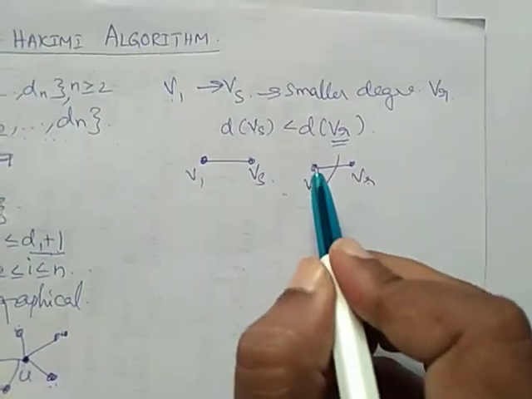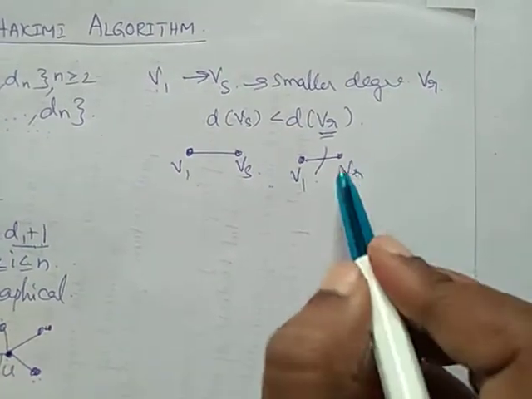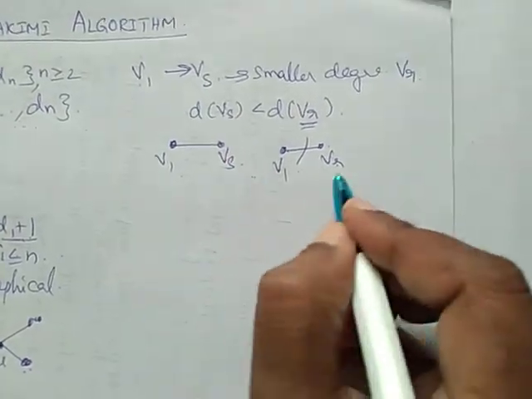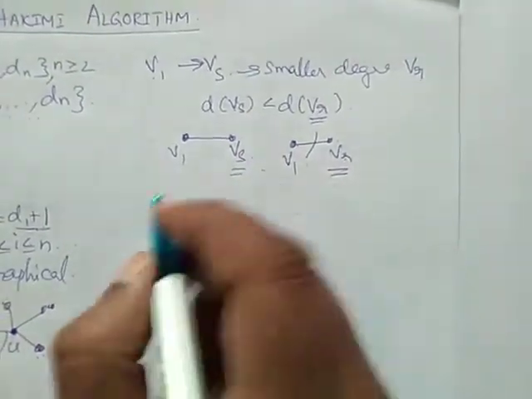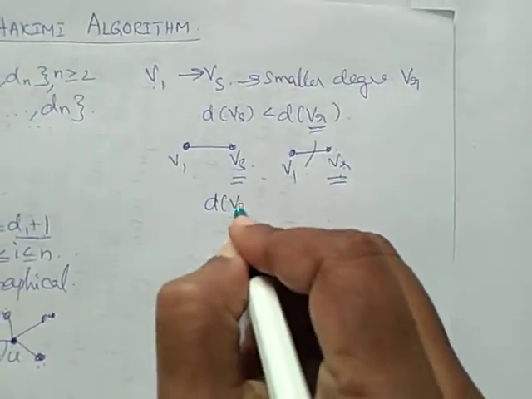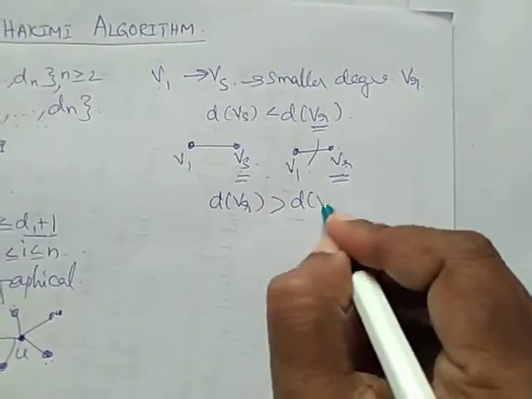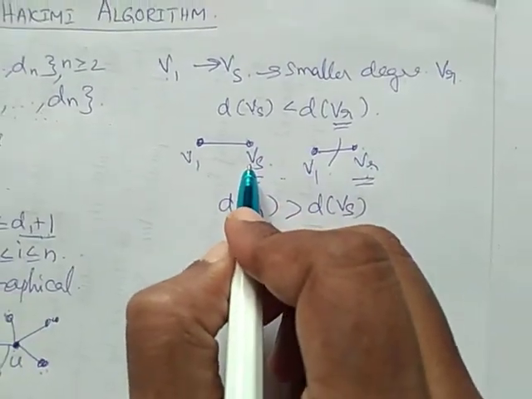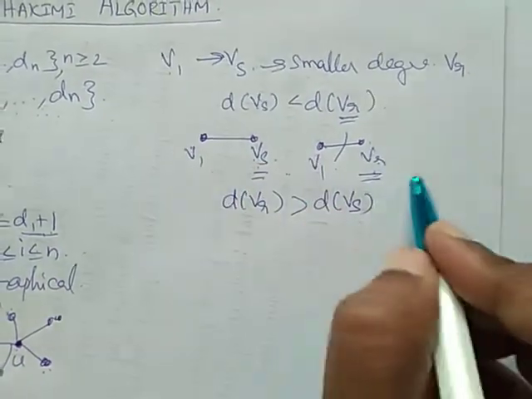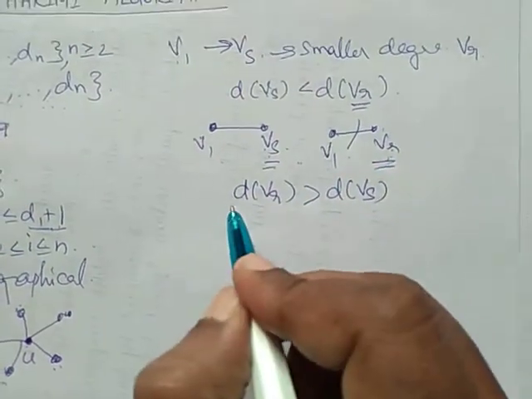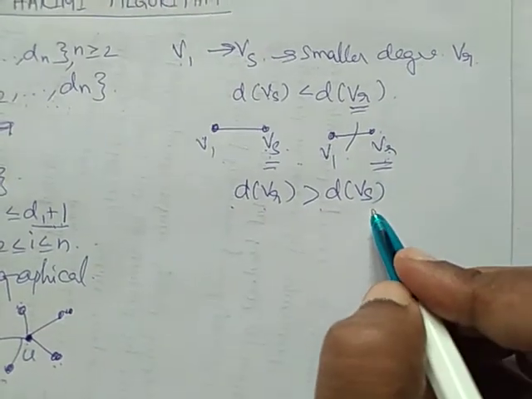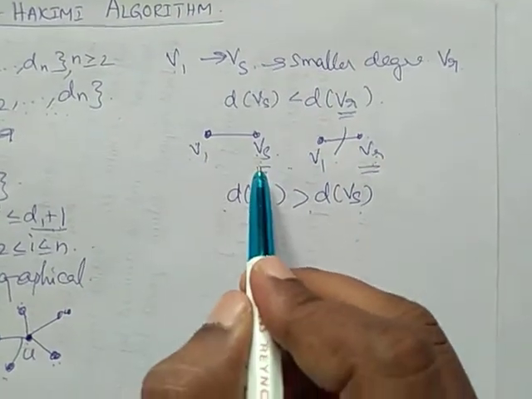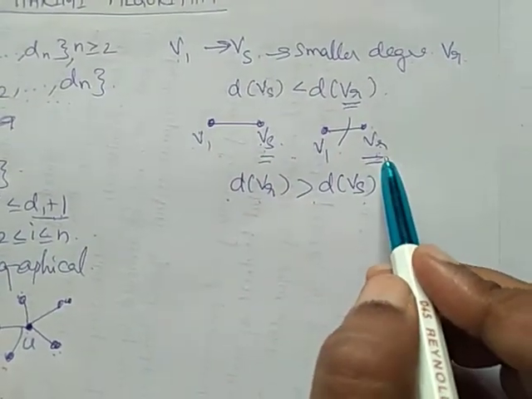So if V1 is not adjacent to Vr and V1 is adjacent to Vs, there exist vertices Vr and Vs, and the degree of Vr should be greater than the degree of Vs, because V1 is adjacent to a vertex with smaller degree and not adjacent to a vertex with higher degree. Therefore, the degree of Vr is greater than the degree of Vs, such that V1 is adjacent to Vs and V1 is not adjacent to Vr.